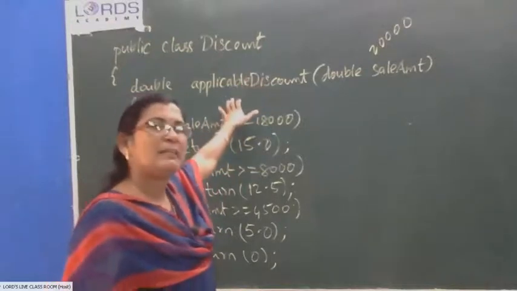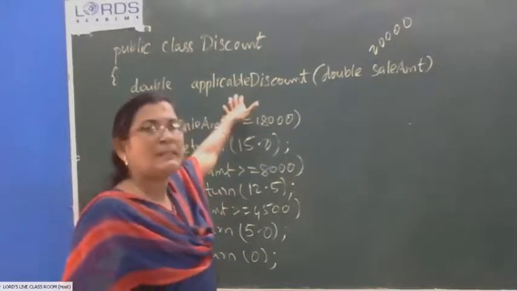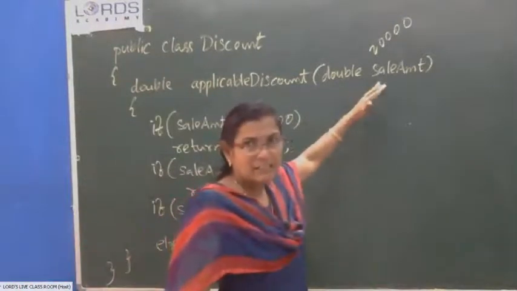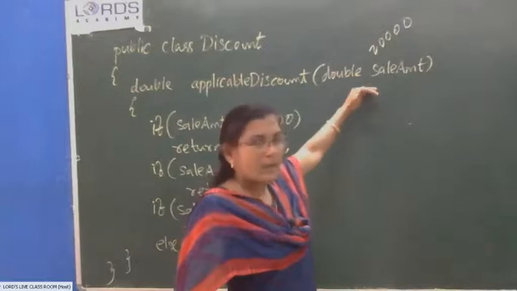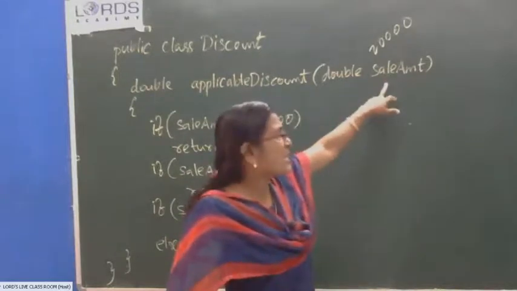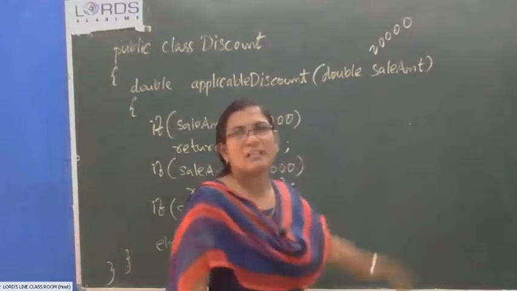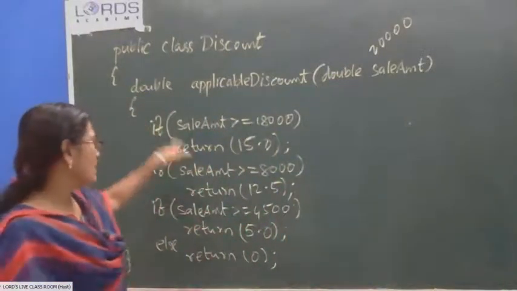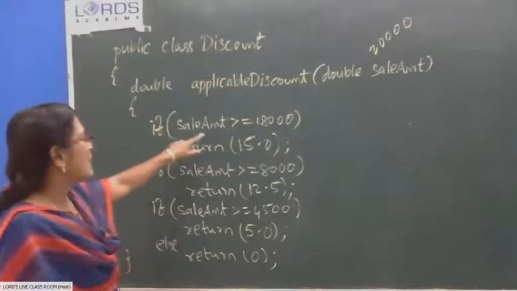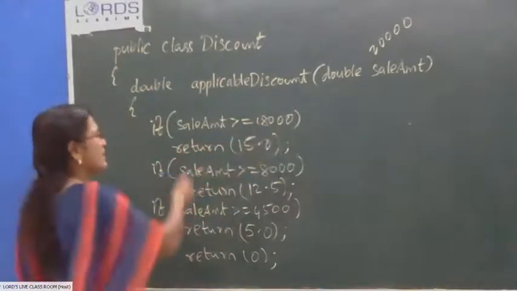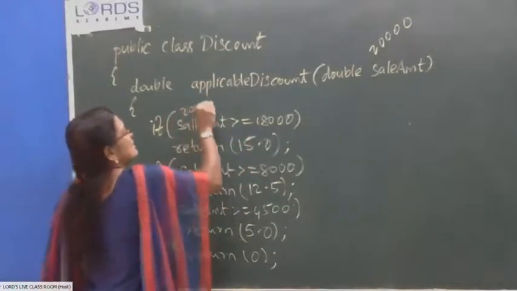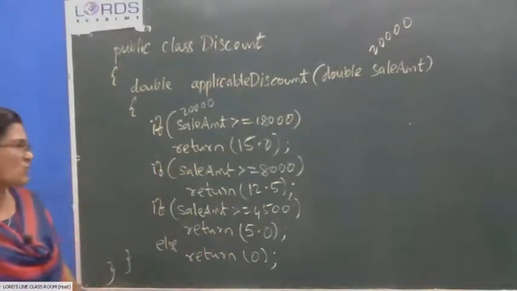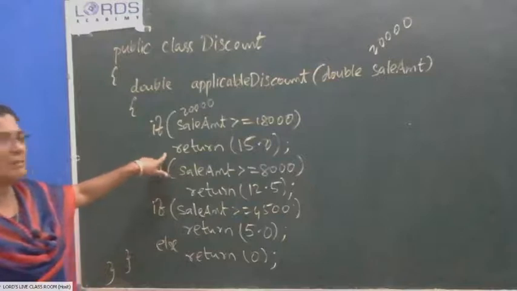When you invoke the method, a method call window appears because this is a parameterized method. It has an argument, formal parameter, salesAmount. So you are supposed to enter the value for sales amount. You entered 20,000. First condition, sale amount greater than 18,000? Yes, 20,000 is greater than or equal to 18,000. So the condition evaluates to true and the immediate statement will be executed.